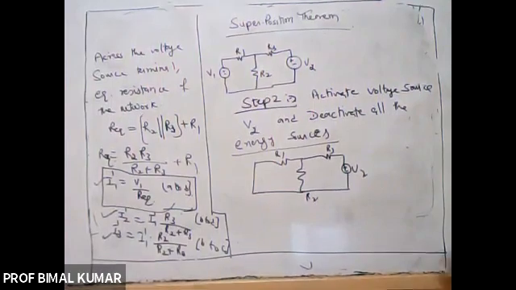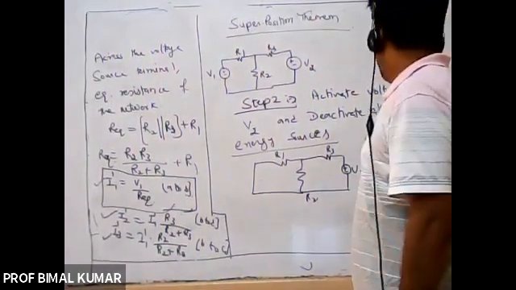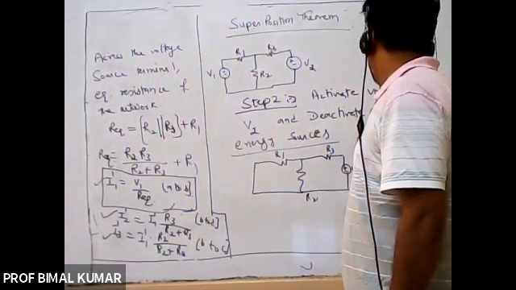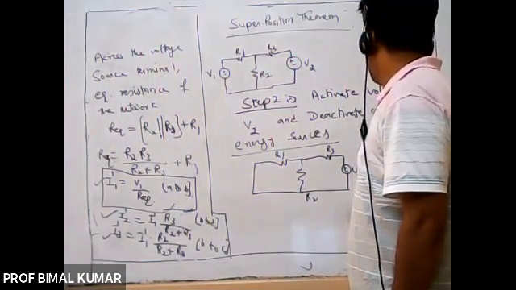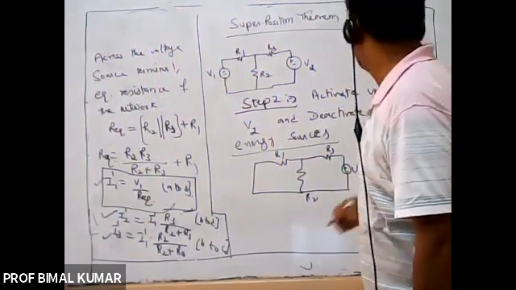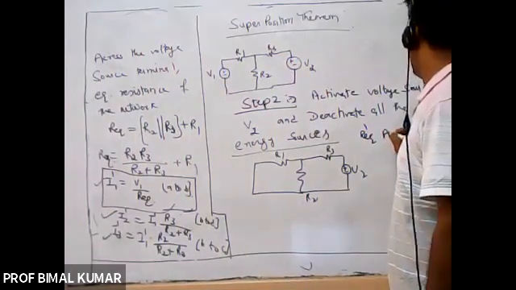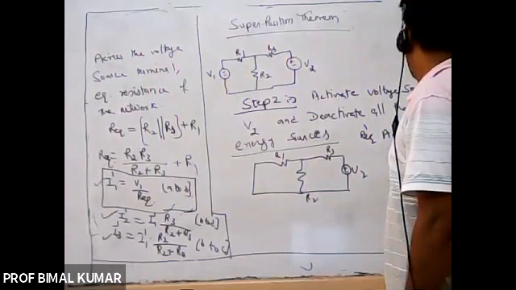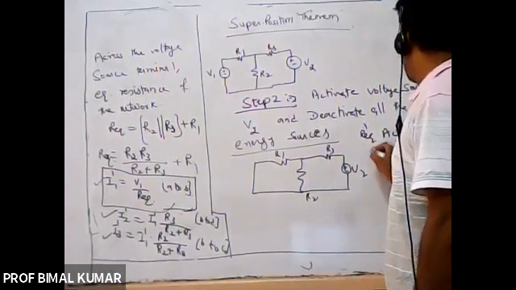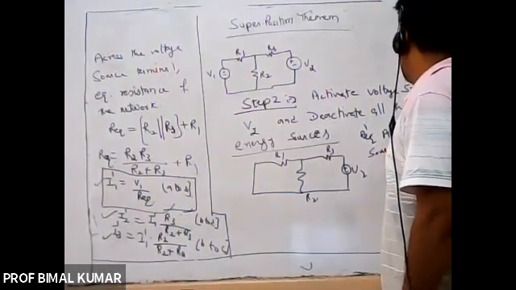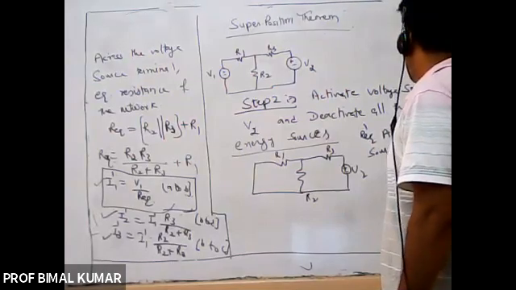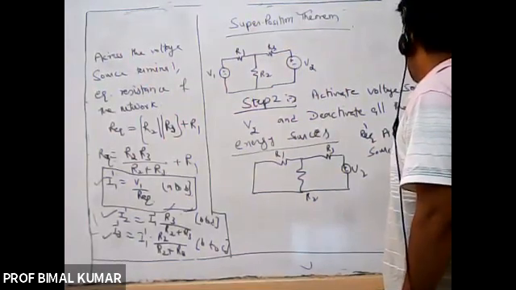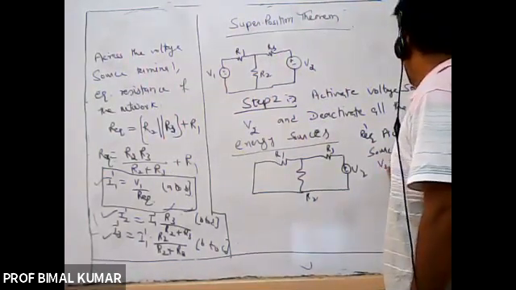So here now, let us say this is your R equivalent dash across the voltage source terminals, that is V2.